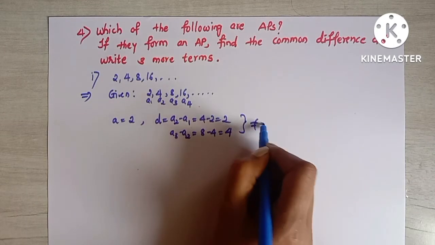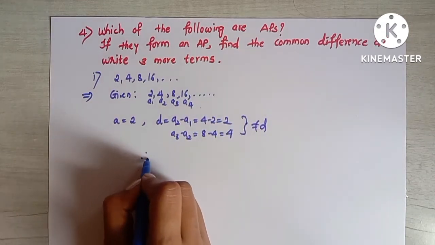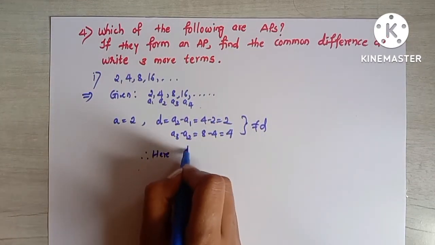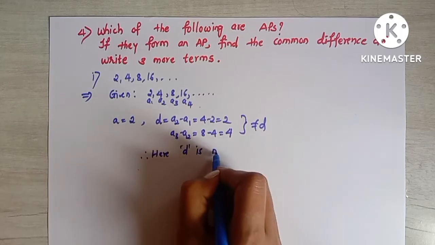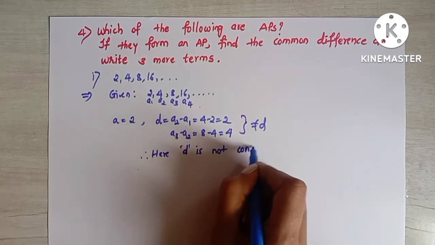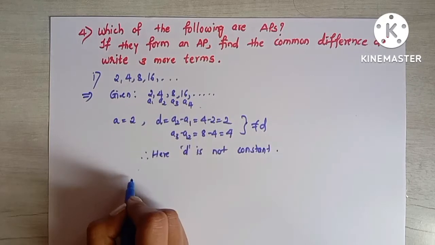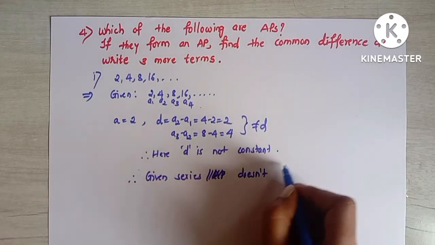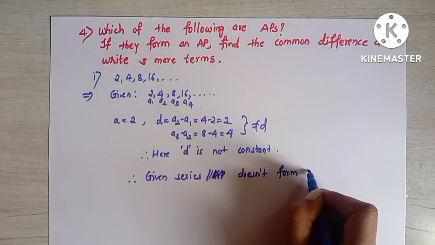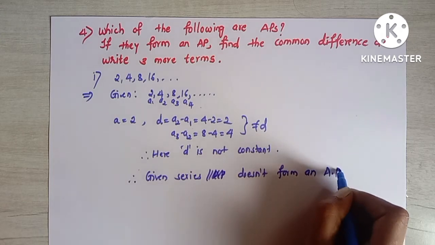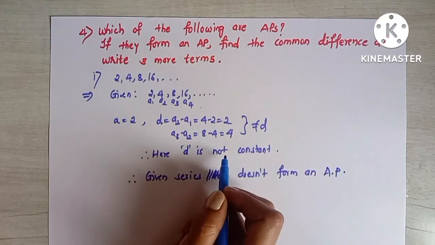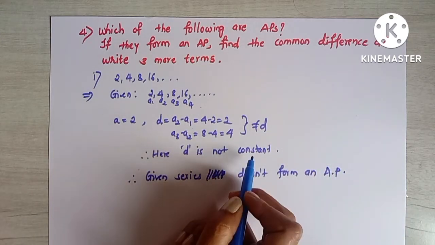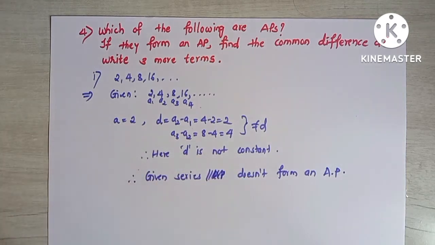No, this D is not equal. Here D is not constant. Therefore, the given series does not form an AP because the D value is not constant. Shall we move to the next question?